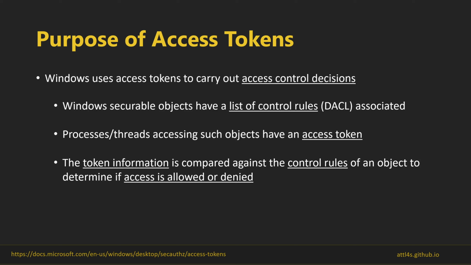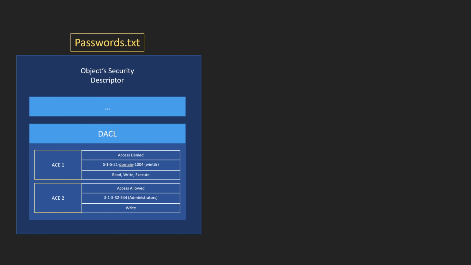What Windows does is compare the information provided by the access token of the process or the thread against the control rules of the target object, and then confirm if the user represented by the token has access or not.